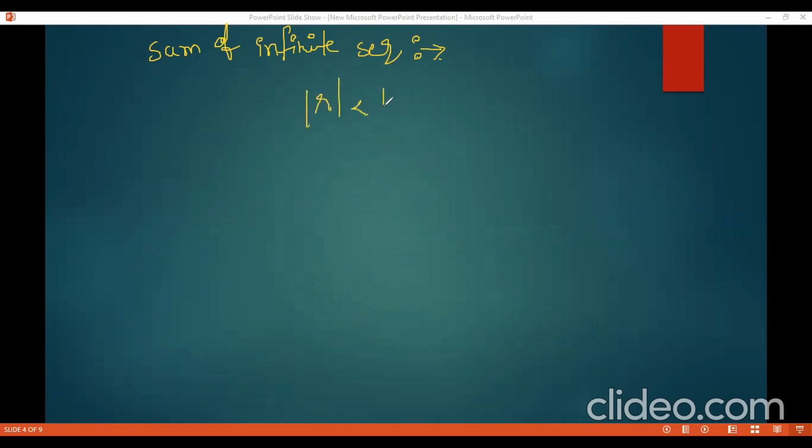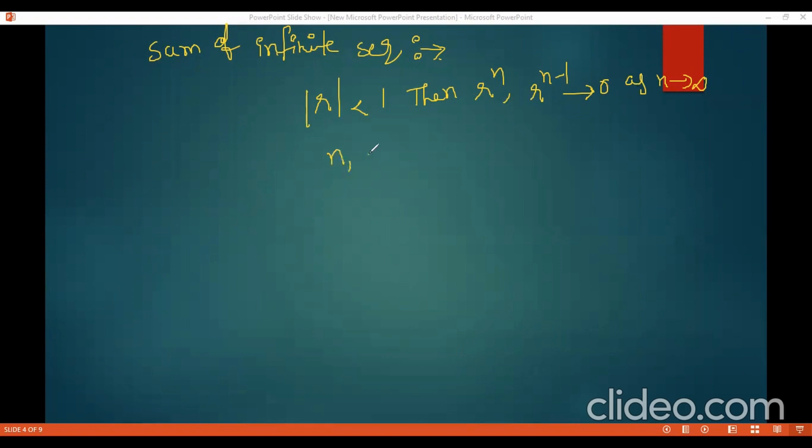If mod r is less than 1, then what happens? Then for r to the power of n, you observe r to the power of n minus 1 tends to 0, right, as n tends to infinity. So it can also be written as, how do we write?